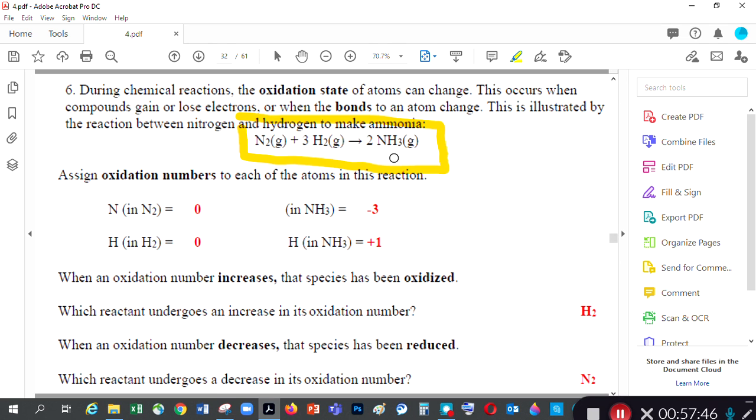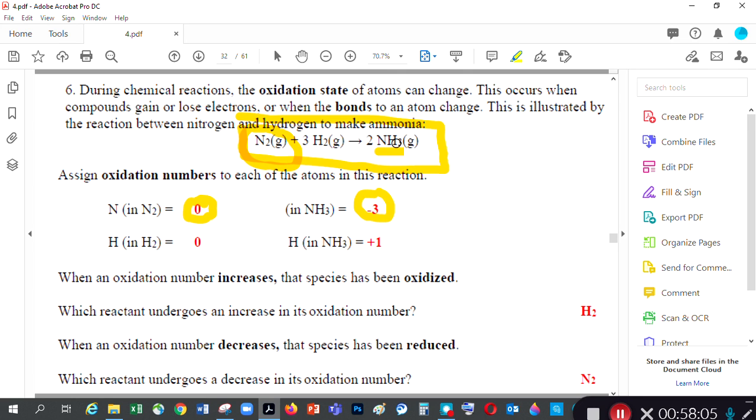So now let's look at nitrogen. Nitrogen by itself here is 0, because this is very important. But nitrogen in NH3 will be -3. Why is it -3?